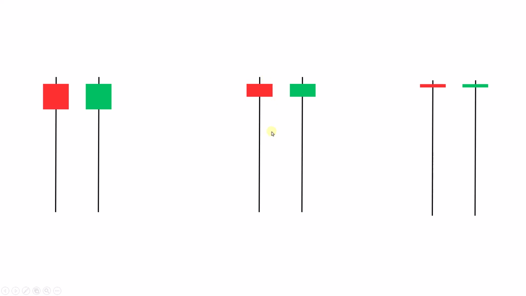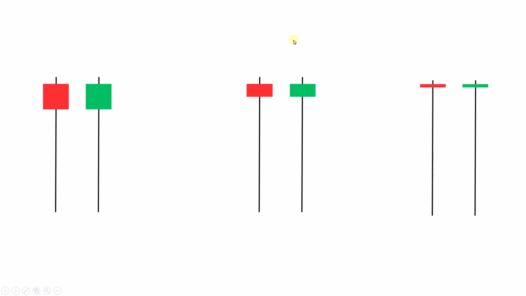When does a hammer appear? It appears at the end of a downtrend, correct? And what does it denote? It denotes that the trend is going to change and it will be an uptrend from now, right?